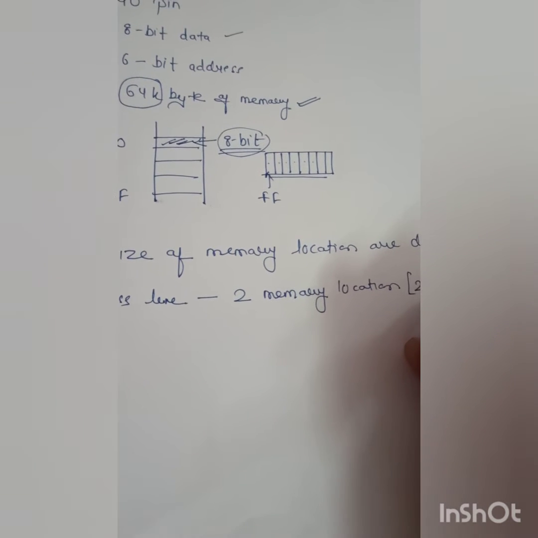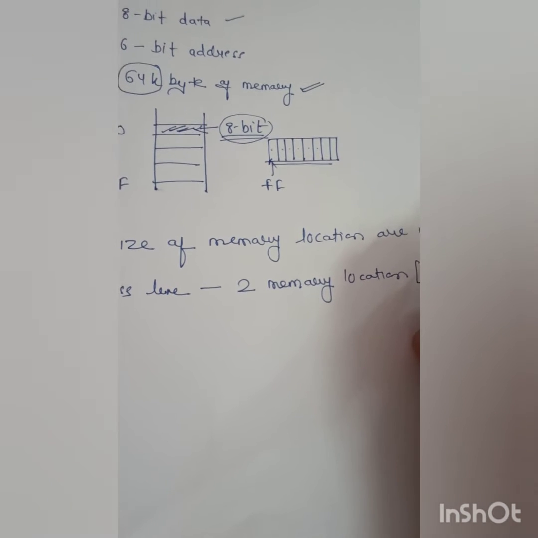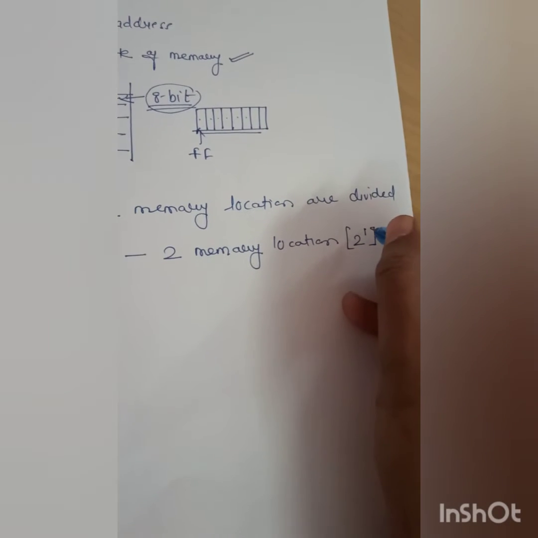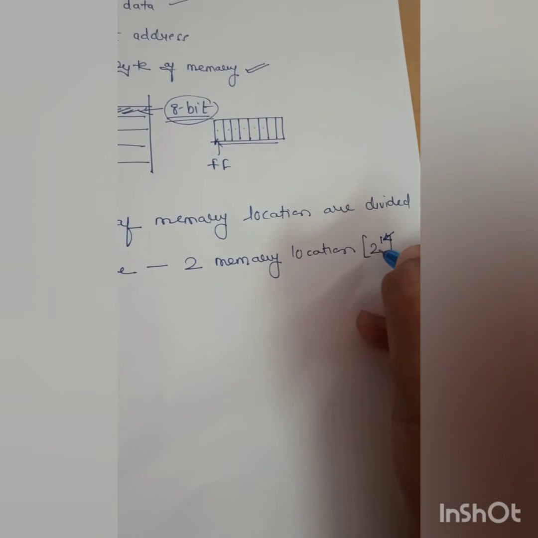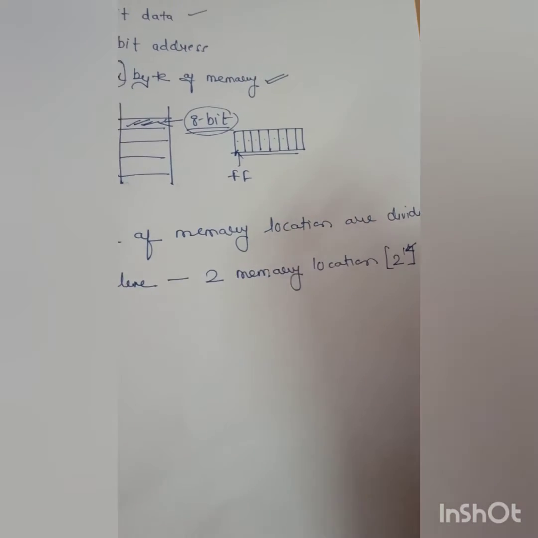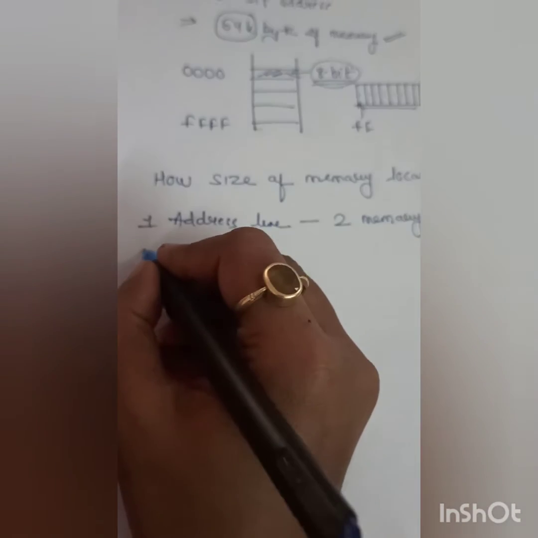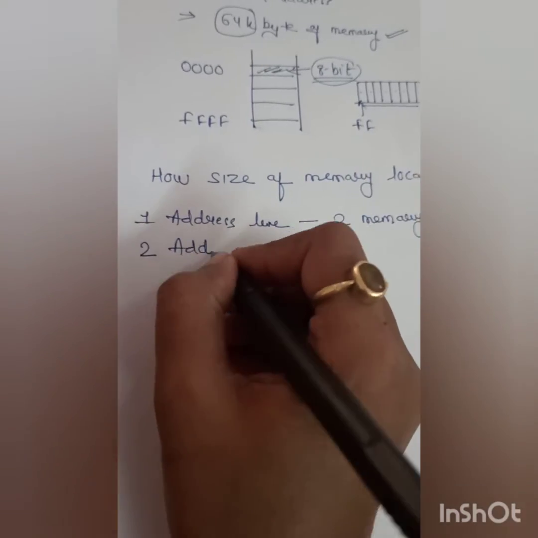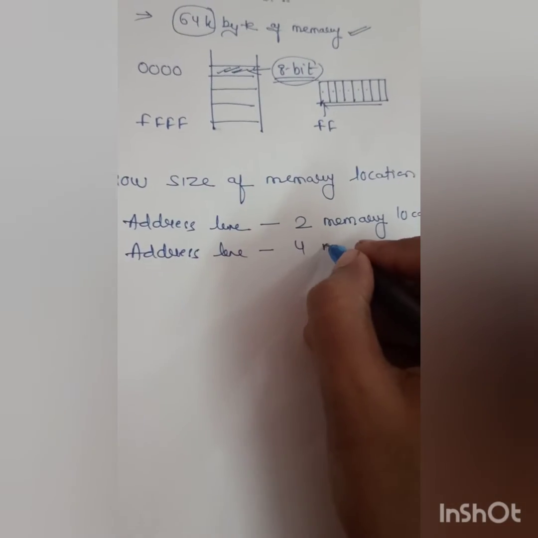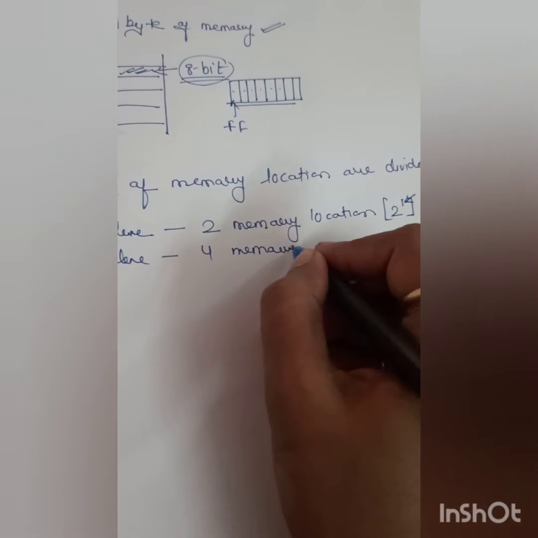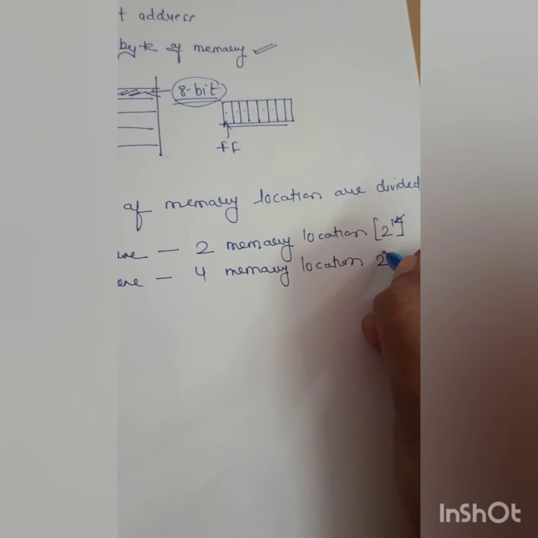This is for calculation purposes: 1 is for the address line, and 2 because one address line can take two values. Now 2 address lines means 4 memory locations, that is 2 raised to the power 2.